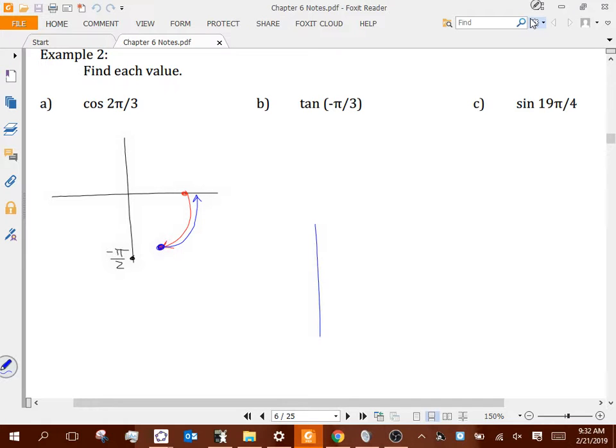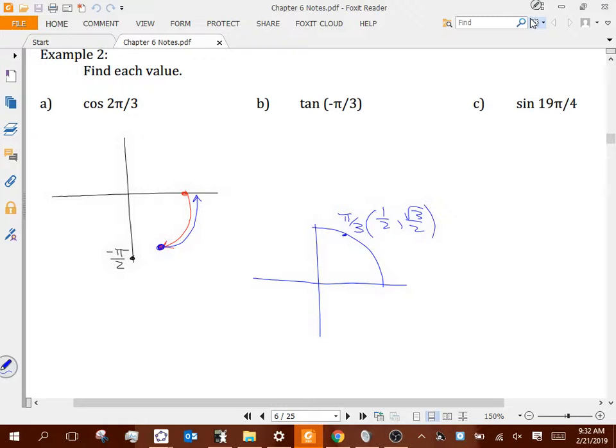So pi over 3 is what I'm going to reference. If I'm looking at my unit circle, pi over 3 has the ordered pair 1/2, root 3 over 2, and that is my cosine comma my sine. There's no tangent on there. But what's the relationship between knowing those two things and learning what my tangent is? Good.